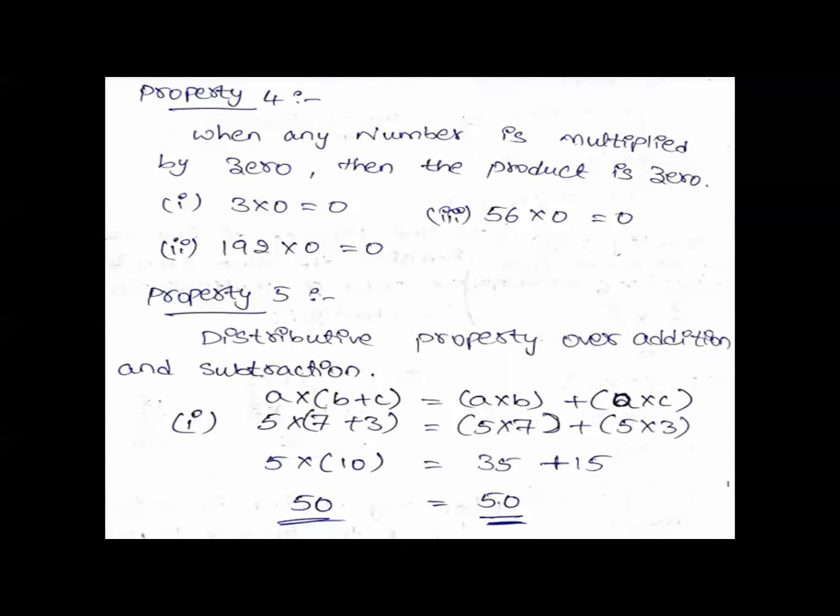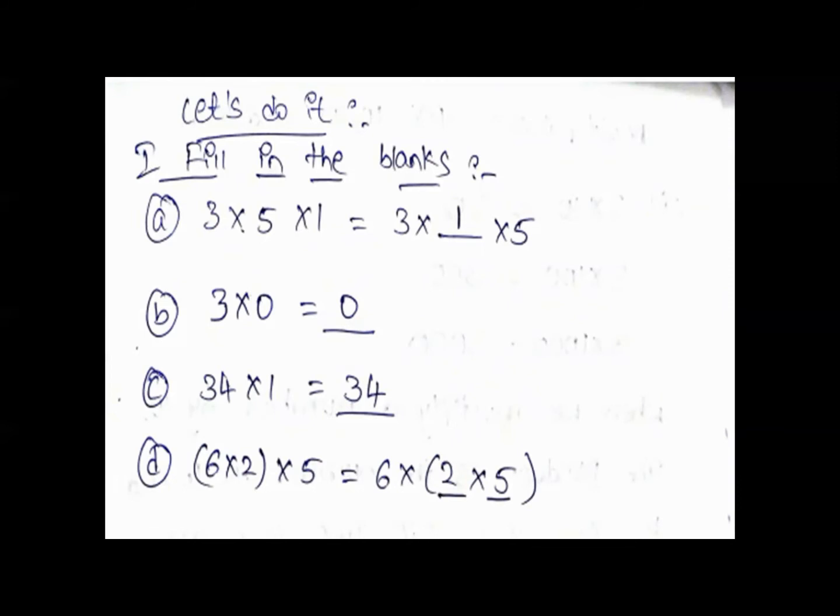In the distributive property, we can use the right side formula and the left side formula. Let's do it. Let us learn how to fill the blanks. 3 into 5 into 1. First one.